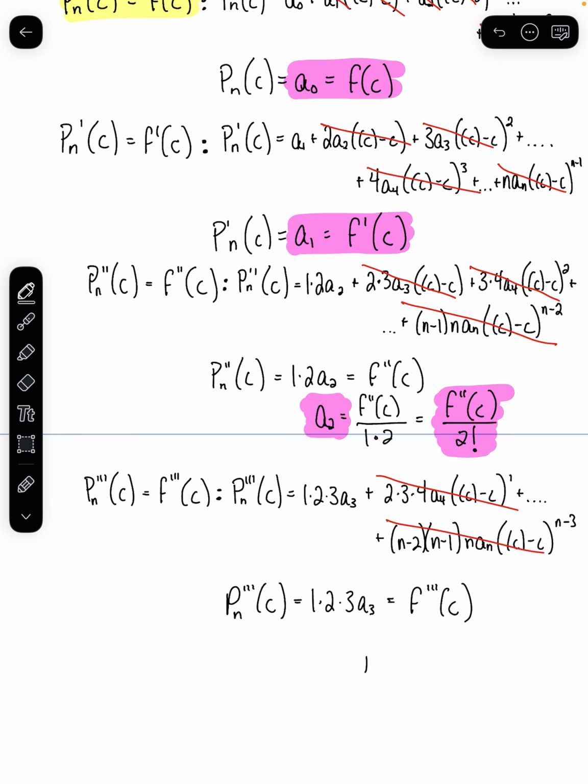And as before, in order to isolate the a sub 3 in this case, we need to divide both sides by its coefficients, which are its original power times 1 less than that times 1 less than that, and so forth, also known as its original power factorial. And that is how we arrive at the factorial denominator.